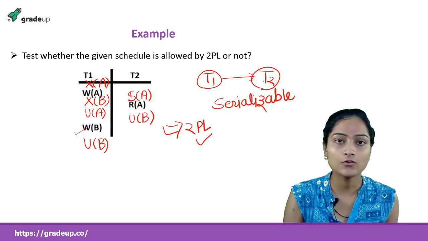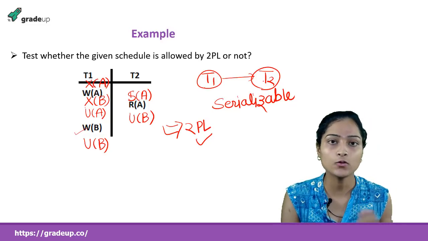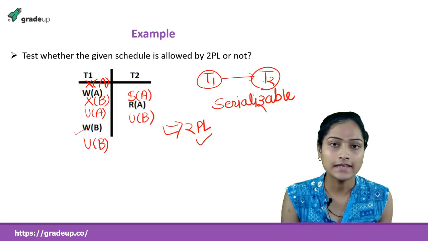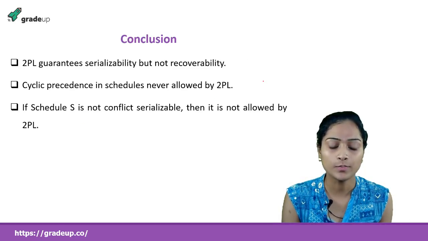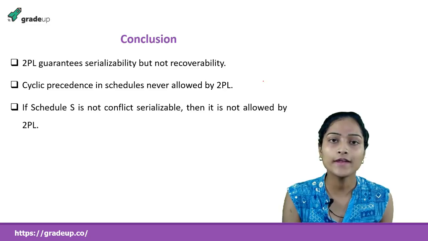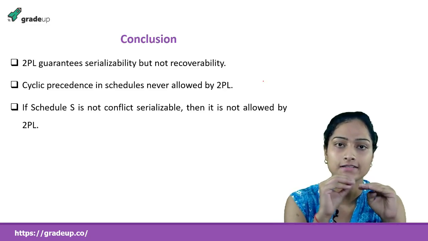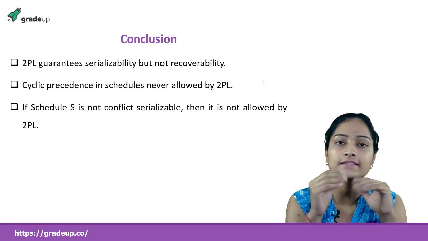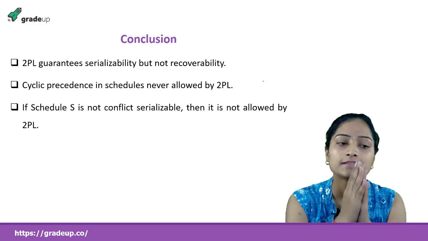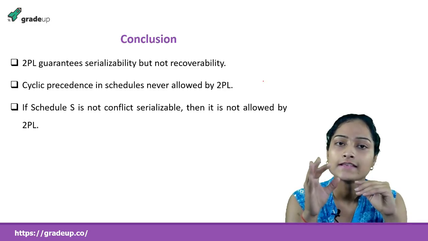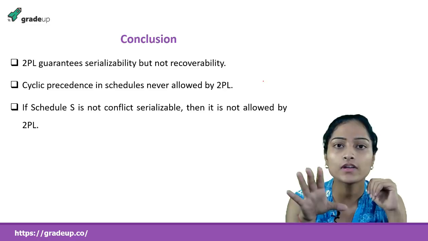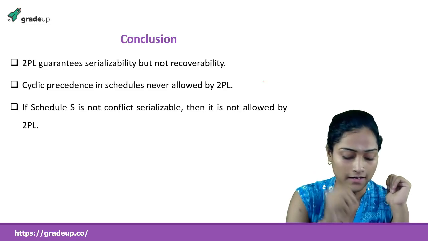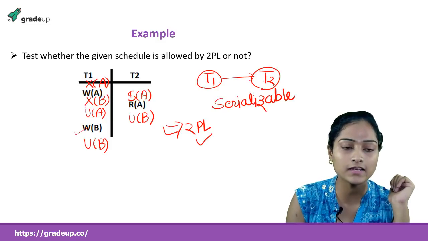Now you are clear how to check whether a schedule is allowed by 2PL or not. Let us study some conclusions about 2PL. If you use 2PL for your transaction system and your schedule is allowed by two-phase locking, then it is guaranteed to be serializable, but it does not guarantee recoverability. In our last example, you can clearly observe this.